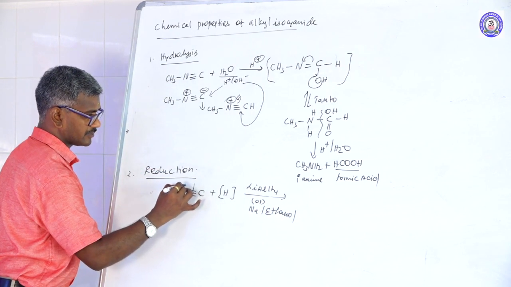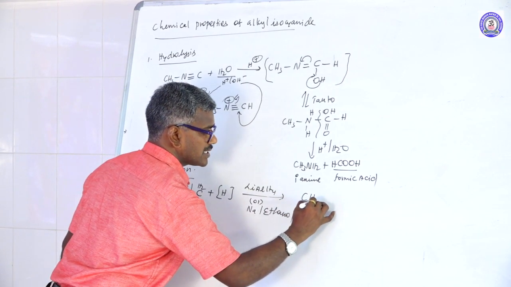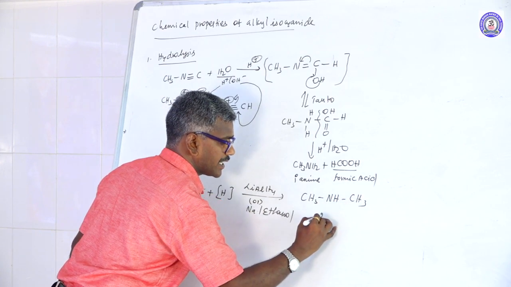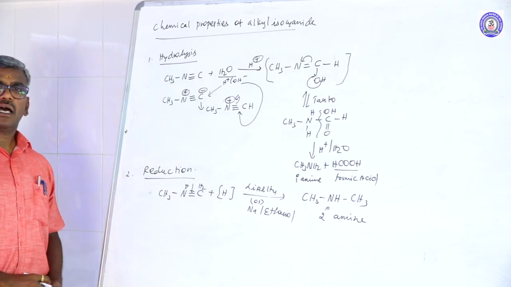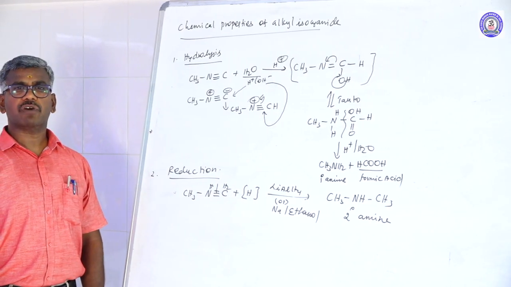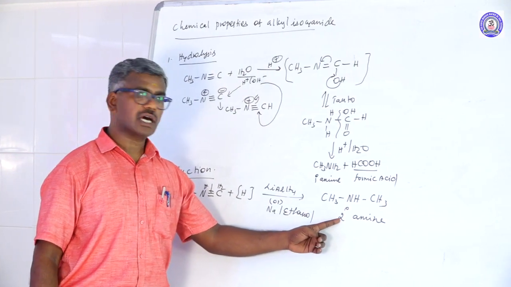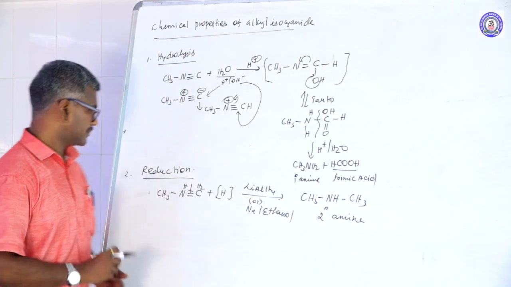This bond breaks, hydrogen substitutes, to form CH3NHCH3. It is a secondary amine. Alkyl cyanide undergoes reduction to form a primary amine, while alkyl isocyanide undergoes reduction to form a secondary amine. The secondary amine's name is dimethylamine.